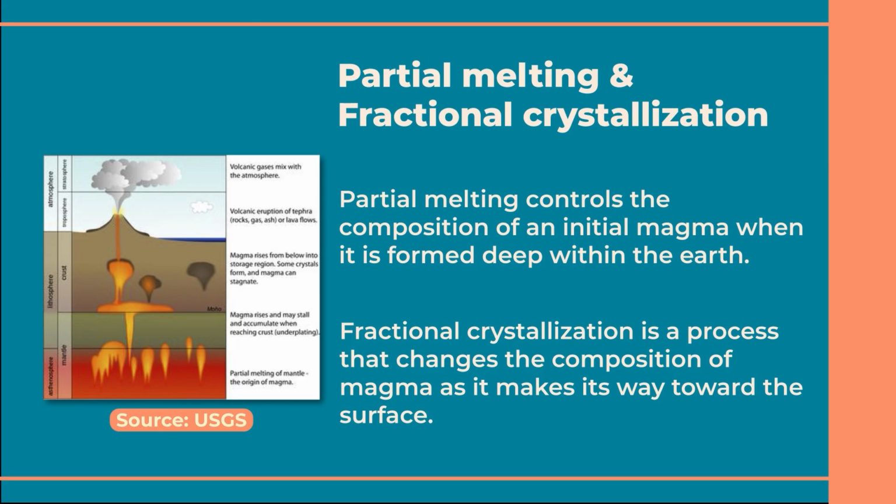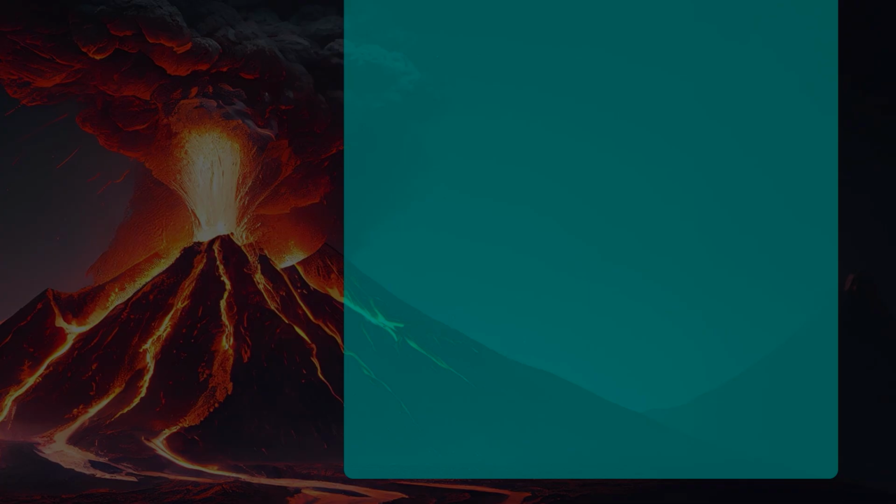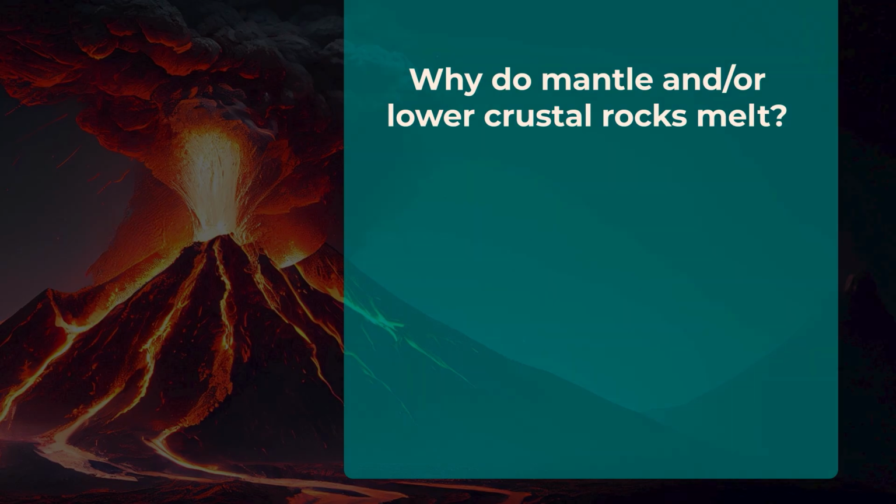Magmas originate in the upper mantle and undergo partial melting under such physical conditions. Some magmas also result from the melting of rocks in the lower regions of the continental crust. Why do mantle or lower crustal rocks melt?